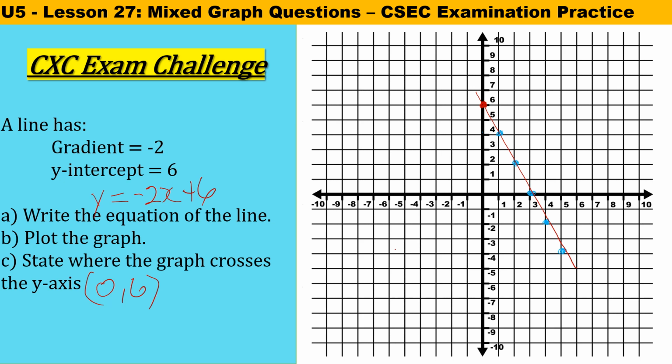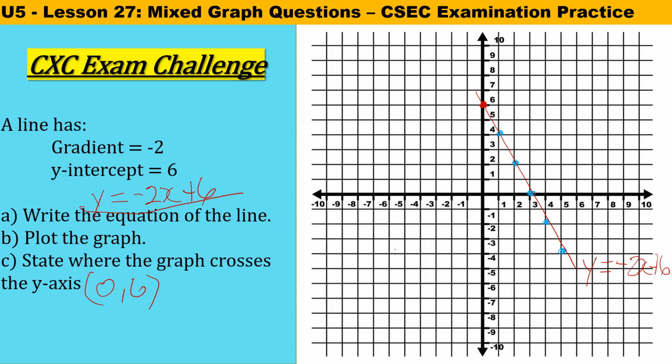You are going to label your line y = -2x + 6. Okay. So we have written our equation of the line, which is here. We plotted our graph, which is here. And we state the graph crosses the y-axis at (0, 6).